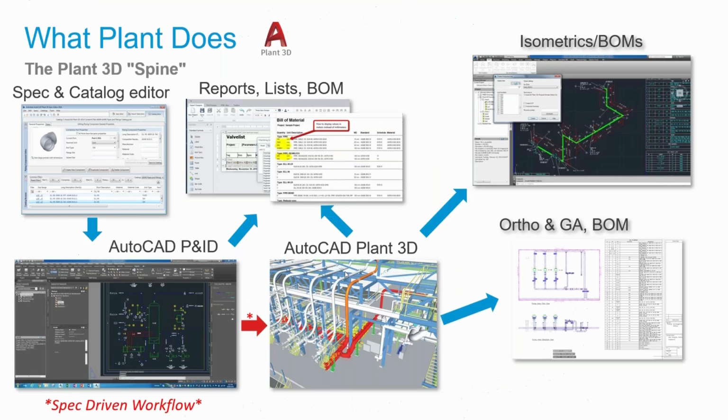AutoCAD Plant 3D has the ability, as soon as we create the catalog and then put that catalog into the specification, to use that in the 3D to drive the part selection. And from that, we will generate orthos, bill of materials, isometrics. That's the main thing that Plant 3D does, and it does a lot of other stuff, but that's the main spin, I would say.